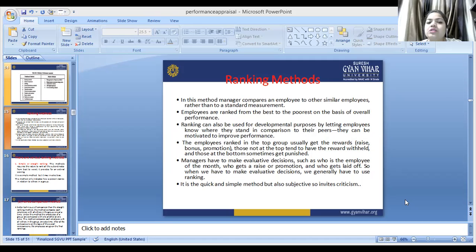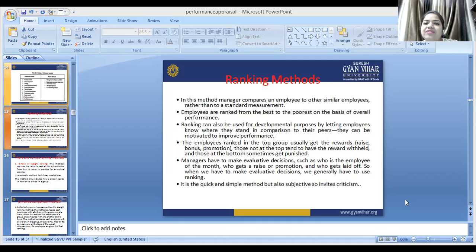They can also compare their standing with their superiors and peers. This can motivate them to improve their performance. So why do we need to rank and appraise employees? Employees ranked in the top group are those in the top ranking category.